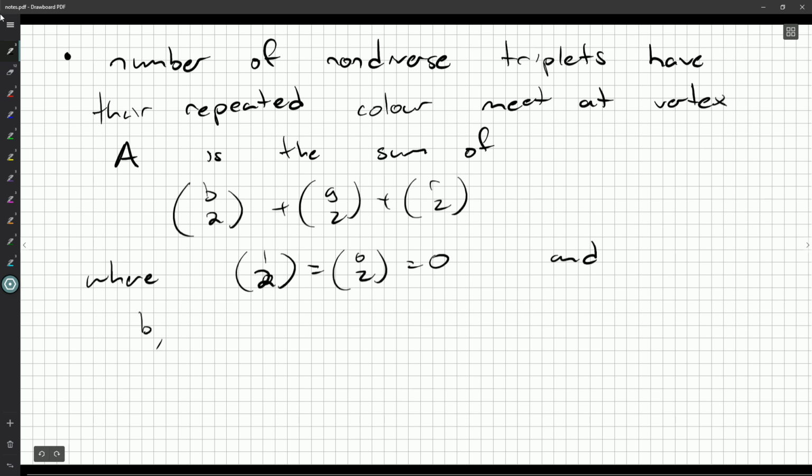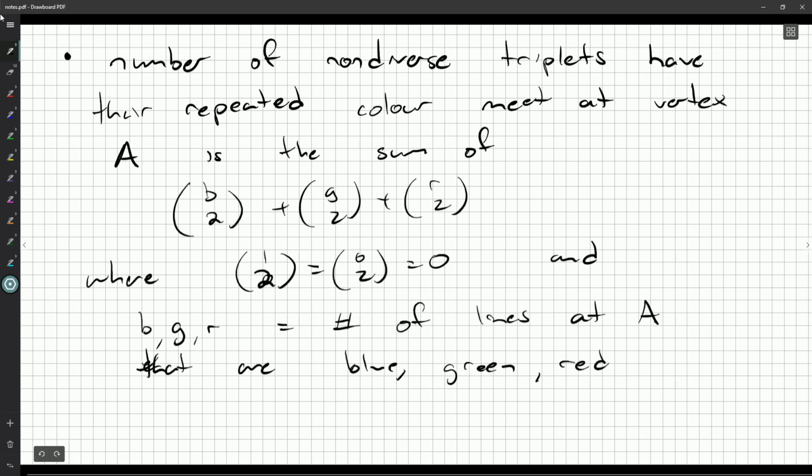And B, G, R are the number of lines at A that are blue, green, and red, respectively.